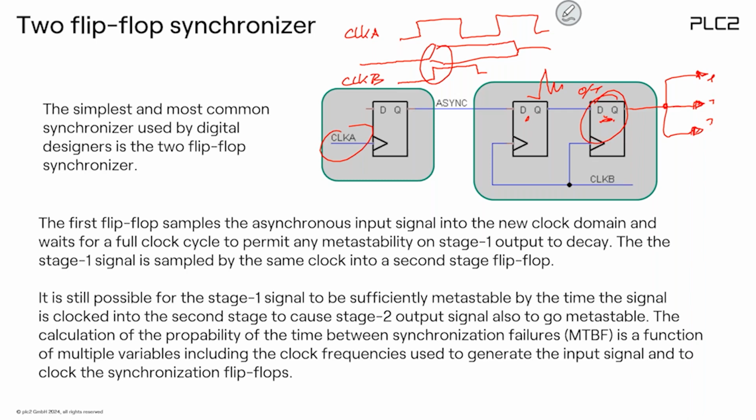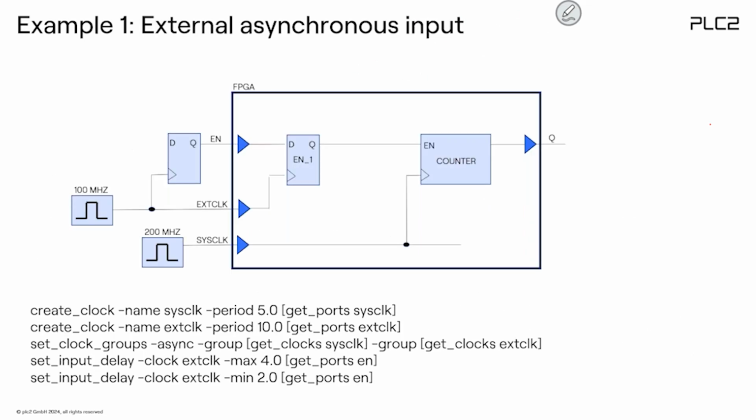Okay, and now I've prepared a few examples just to show you what's going on. First, I did a very, very simple example. I just used one FPGA. Here we have an external signal called X clock, and maybe an external component sending a signal called enable to the FPGA, and then you have a 200 megahertz clock.